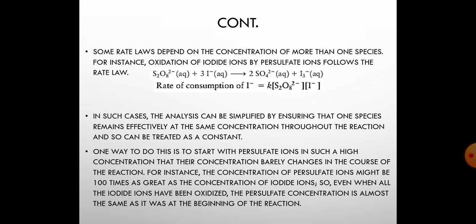For instance, the concentration of persulfate ions must be 100 times as great as the concentration of iodide ions. It's the same as the limiting reactant. So even when all the iodide ions have been oxidized, the persulfate concentration is almost the same as it was at the beginning of the reaction.